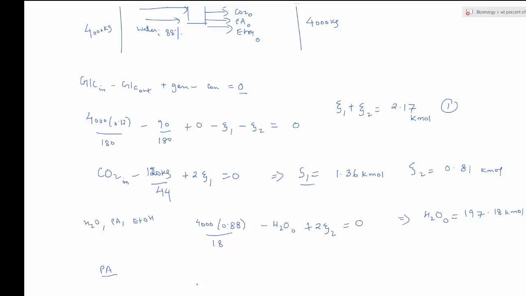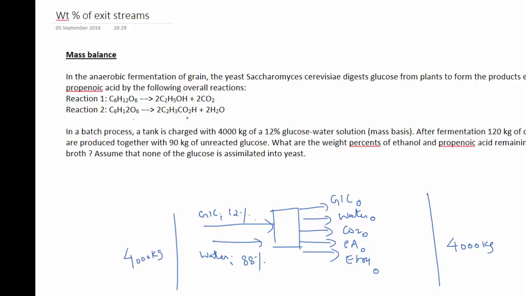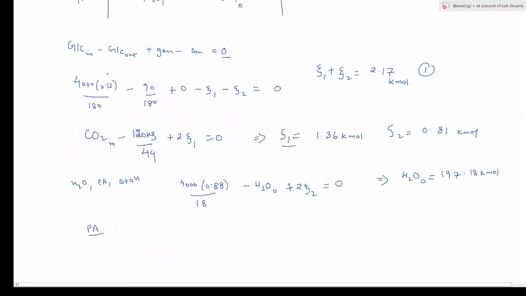Then we can calculate the weight percents. So now propionic acid, it's produced in the second reaction. Nothing is coming in, and it will go out in proportion to the moles of ξ2, which has reacted in reaction 2. So propionic acid, nothing is coming in, so that's going to be 0.